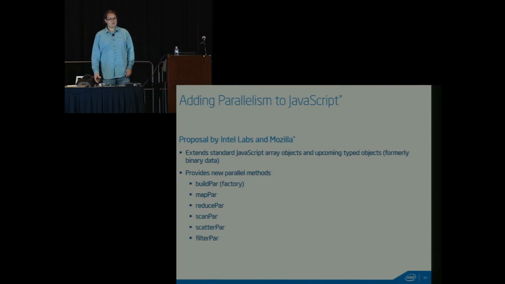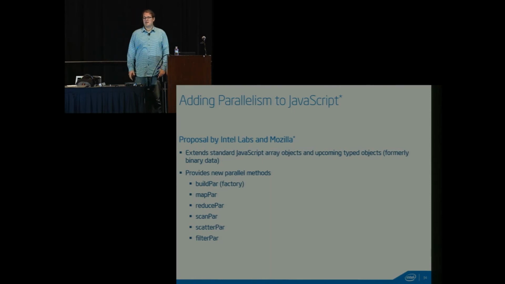We have a reduce par, which is the parallel version of JavaScript's reduce operator. We have a scan par, which is the scan operation. Scan you can think of like a prefix sum. So instead of computing one result, as you would do in reduce, you also keep all the intermediate results.